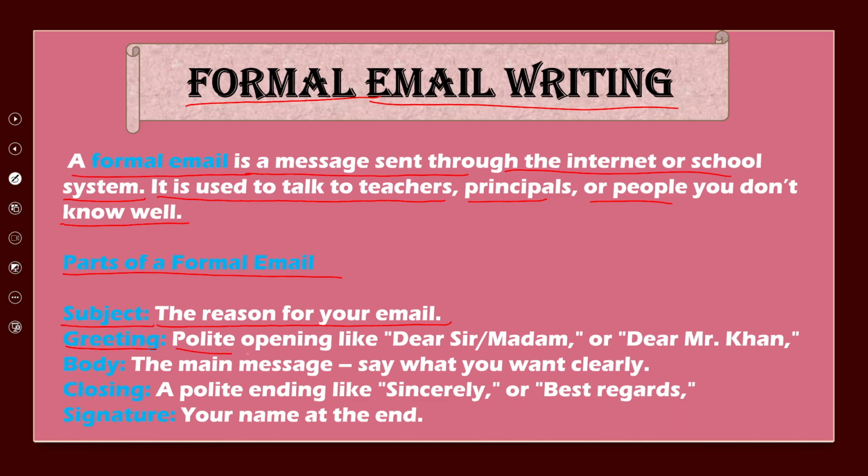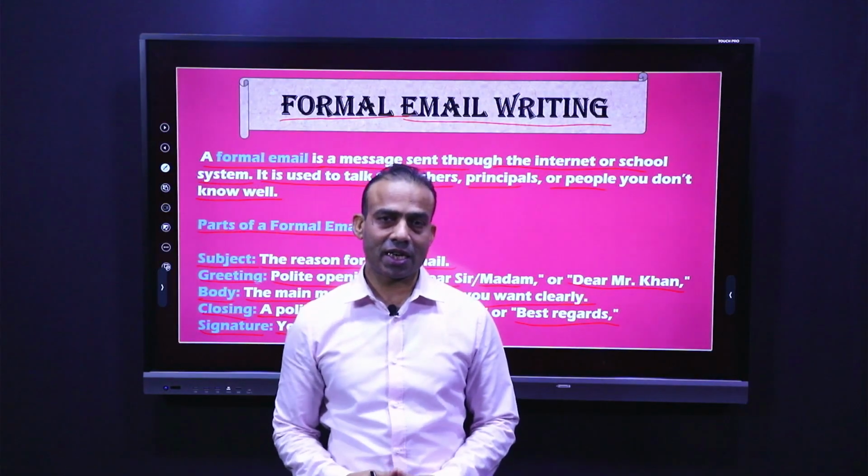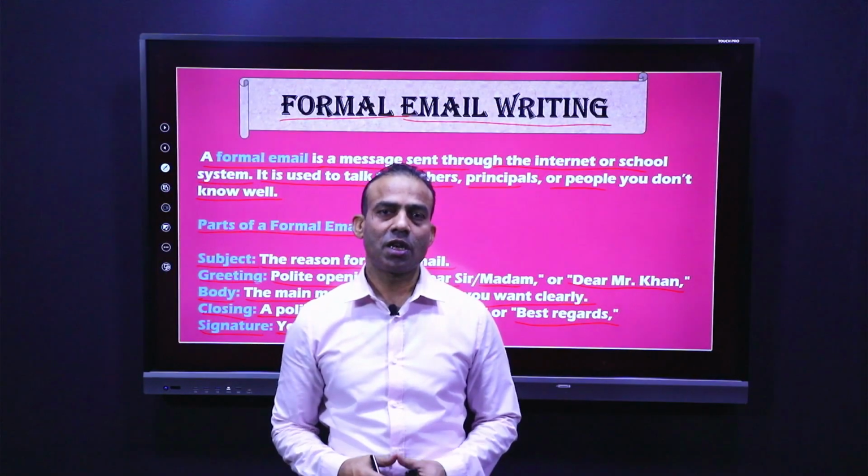Greeting: a polite opening like Dear Sir, Madam or Dear Mr. Khan. Body: the main message. Say what you want clearly. Closing: a polite ending like sincerely or best regards. Signature: your name at the end. So dear students, this is email and these are the parts of an official email.